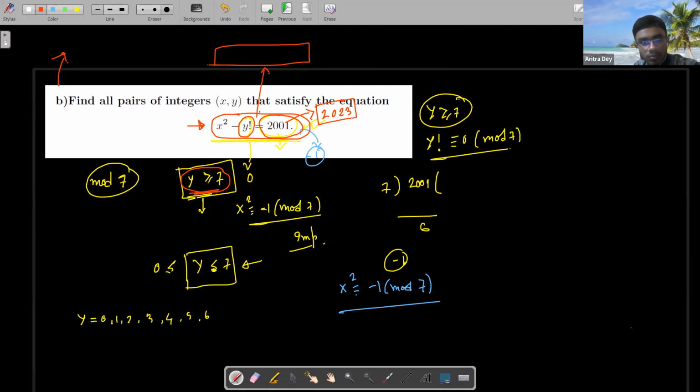If I take y greater than or equal to 7 and take modulo 7 from both sides, then there is a particular problem: I find out that x square is congruent to -1 modulo 7, but it is impossible.